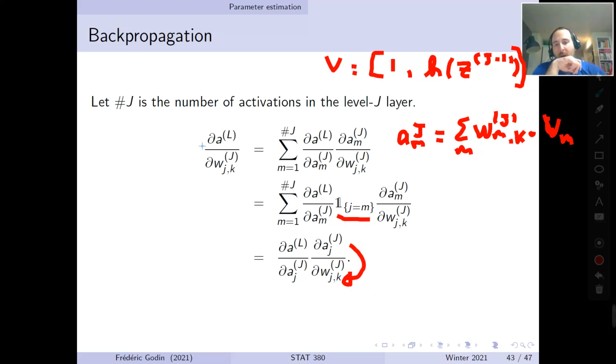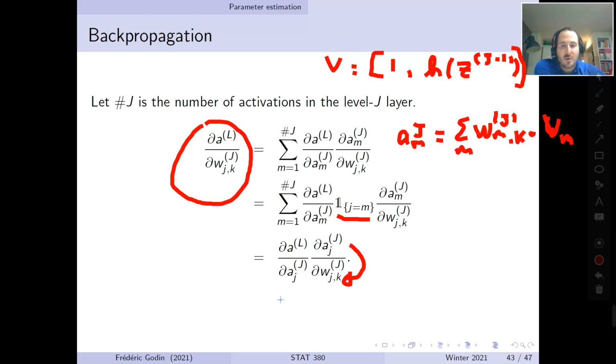Okay, so here we wanted this derivative, and we can see that the derivative of the last activation with respect to an arbitrary parameter can be decomposed as the derivative of the last activation with respect to the activation of the jth layer associated with the same j, times the derivative of this same activation with respect to the parameter.